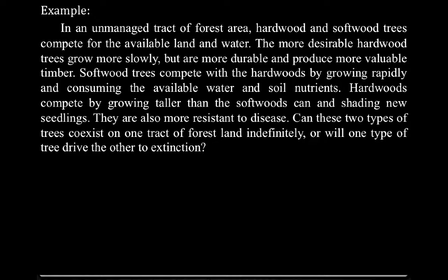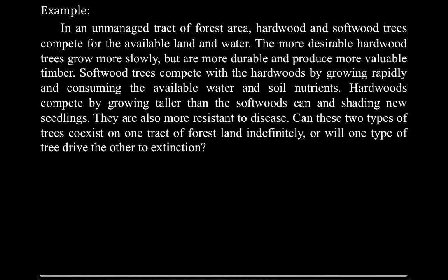In an unmanaged tract of forest area, hardwood and softwood trees compete for the available land and water. The more desirable hardwood trees grow more slowly but are more durable and produce more valuable timber.